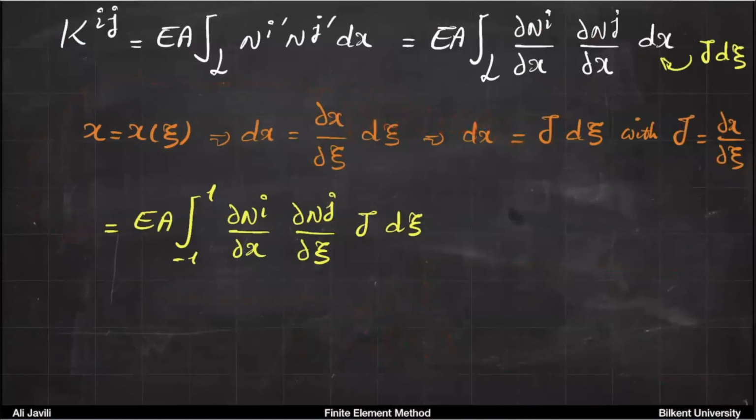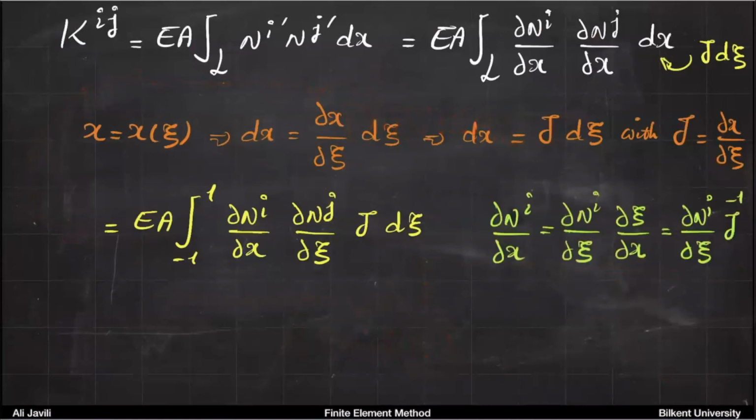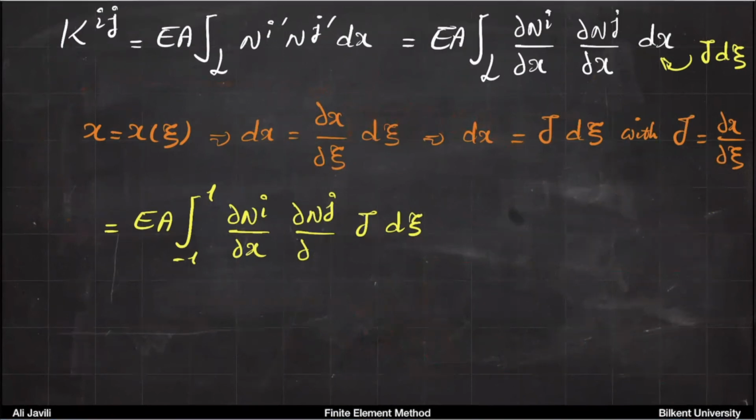Okay. So the next thing is, if you look at these derivatives, this derivative of Ni with respect to x here, sorry, there is a little typo. This is also x. All right.